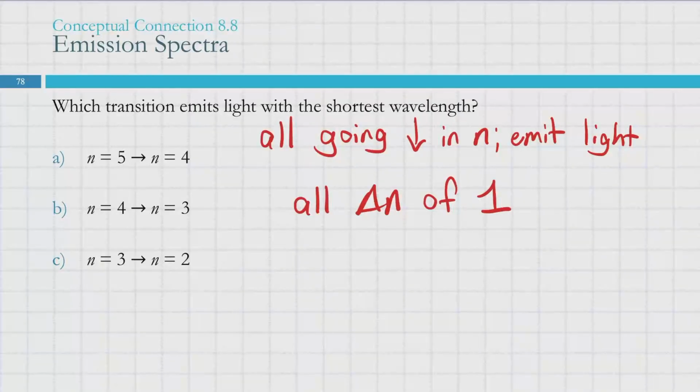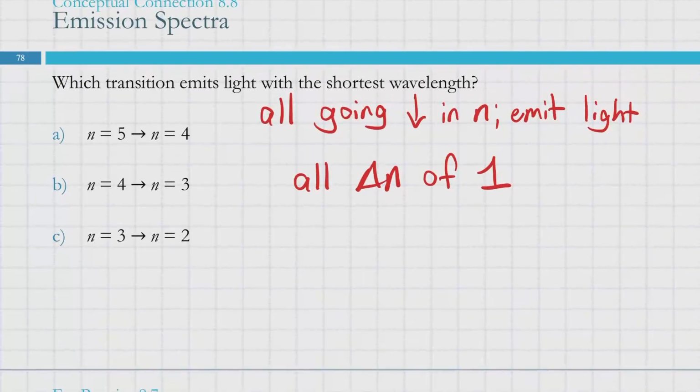So if they're all changing by 1 n value, how does our spacing change with our n levels? There's less space the higher up you go. So the higher you get in these n levels, the closer those levels get together.